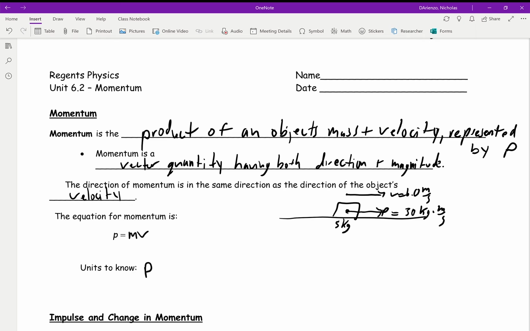P, which stands for momentum, is a product of the mass and velocity, so we have units of a kilogram times a meter per second. M represents our mass, which is measured in kilograms, and V measures our velocity, which we measure in meters per second.